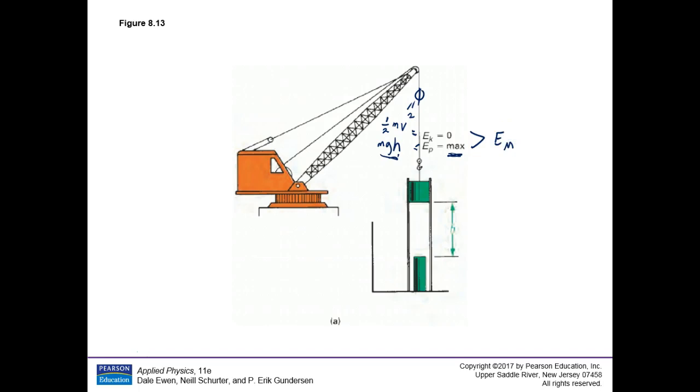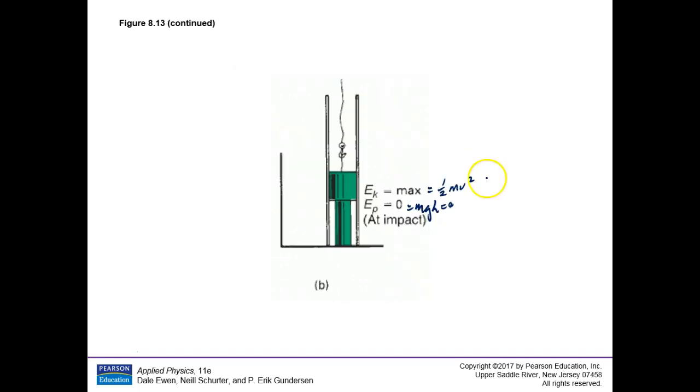The sum of those is the mechanical energy at the top, and at the top it's all potential. The sum of those down here, it's all kinetic. But the mechanical energy, this is E sub m down here, those are the same because it's conserved. As long as there's no frictional losses there, it's conserved. And if it's conserved, that means it's the same.